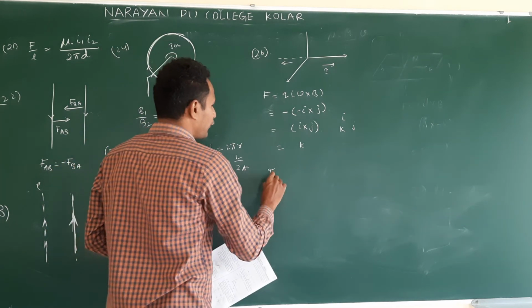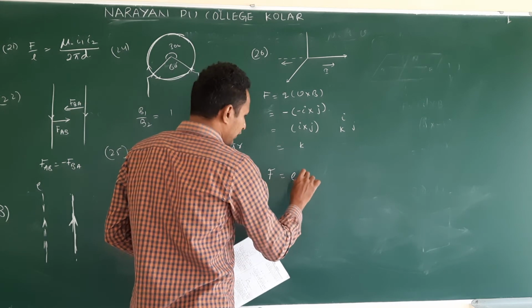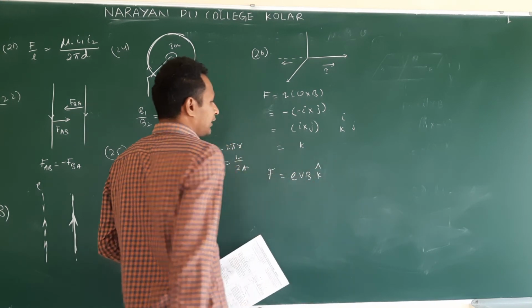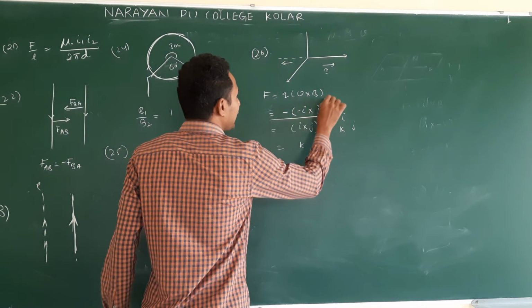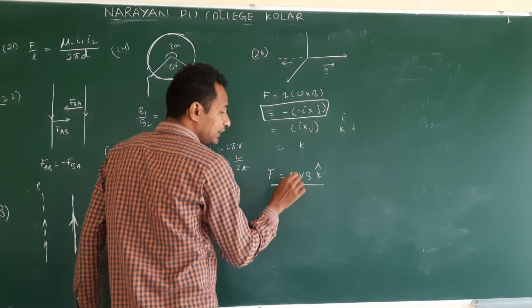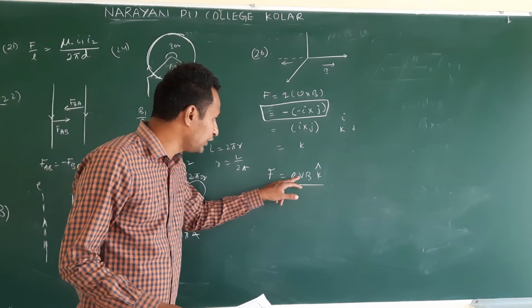What is the force formula? F is equal to charge e, V, B, K cap, force direction. See, in the calculation of direction we will take the sign, but in the magnitude we don't take the sign. Understand? Don't write minus e, V, B here.